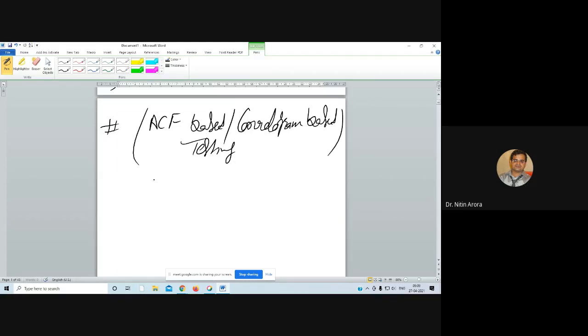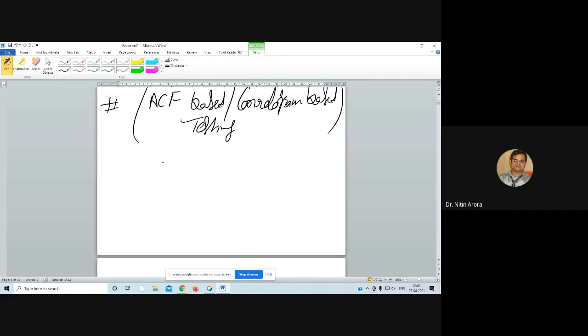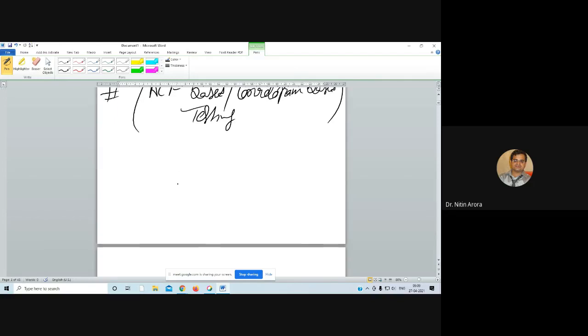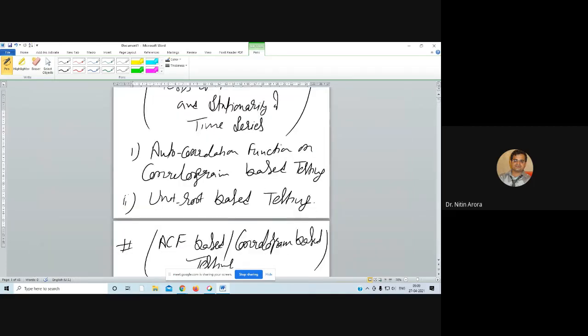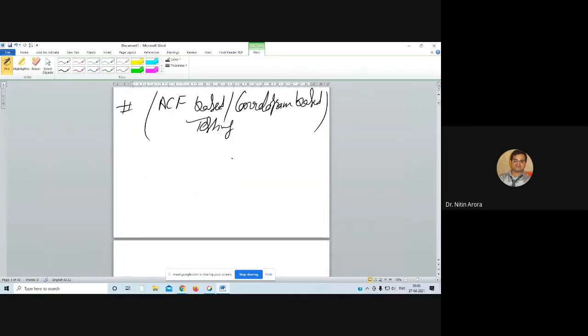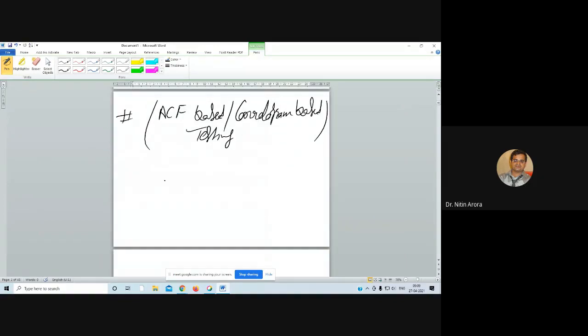So what is a correlogram basically, and what is the autocorrelation function? Let me show you. Hope you remember yesterday I told you what is rho cap. This is summation et et minus 1 upon summation et square, right? This is the rho cap, the autocorrelation coefficient.